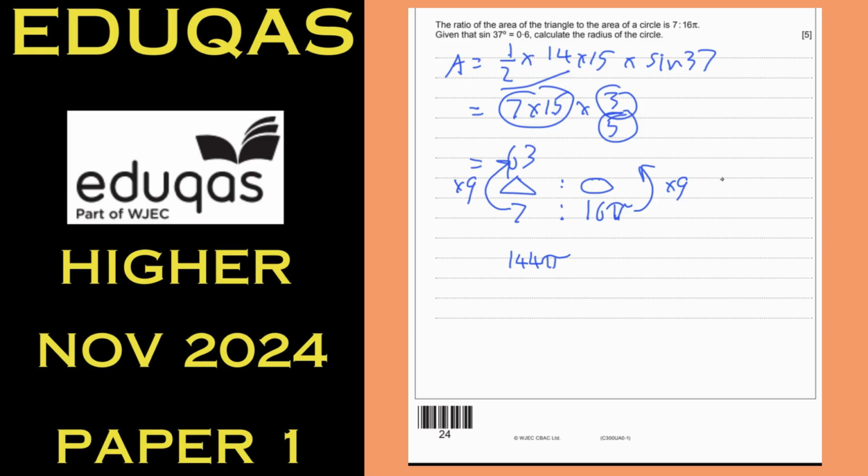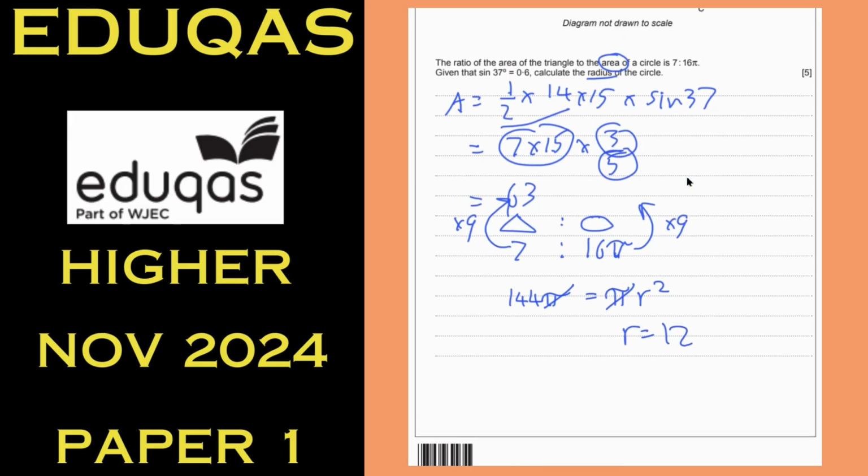But you haven't finished. 144 pi, I'm afraid, is the area of the circle. It actually asks for the radius of the circle. Area of the circle is pi times the radius squared. And once you've made the pi's disappear, square root of 144 is 12.